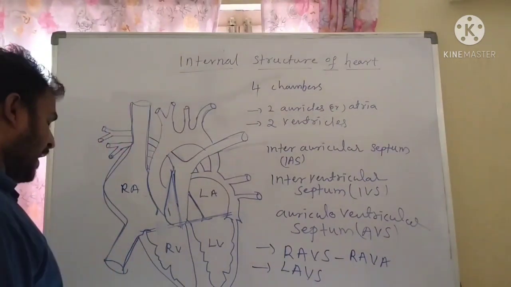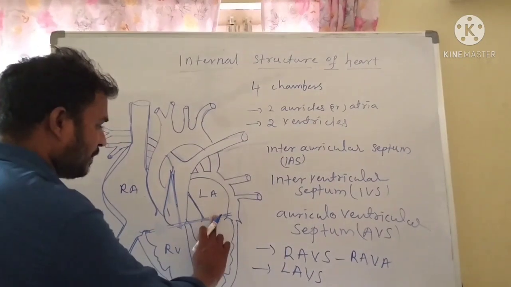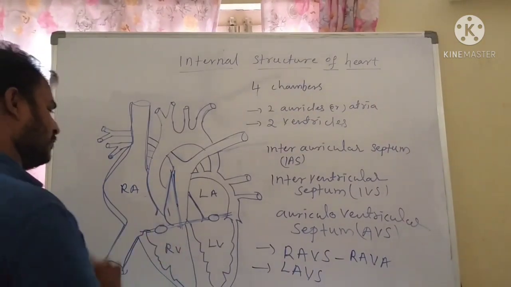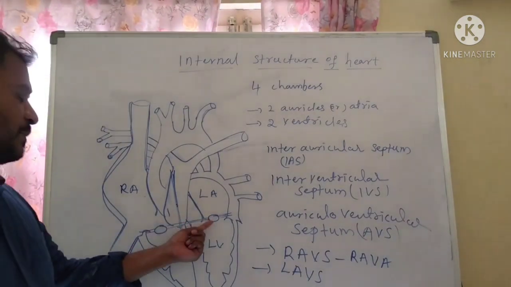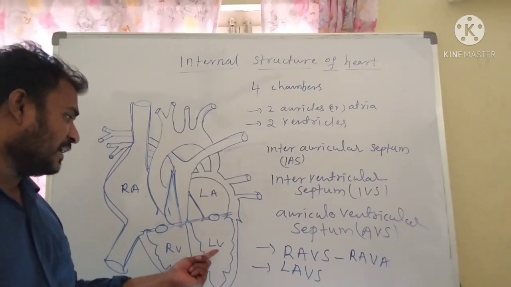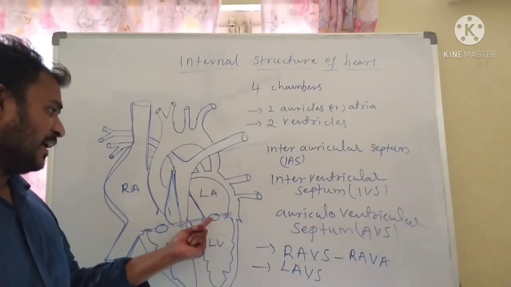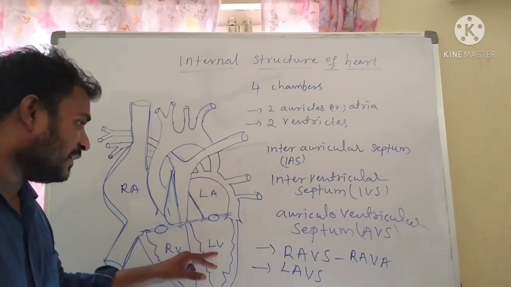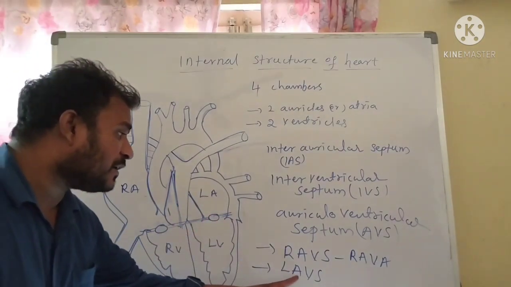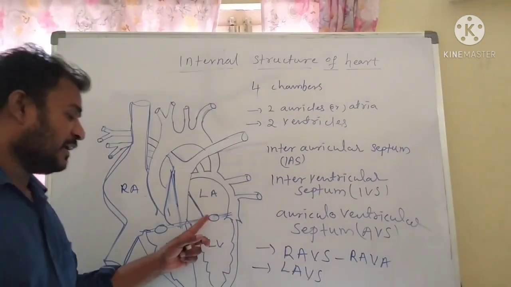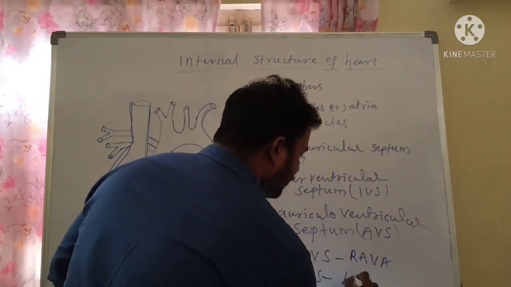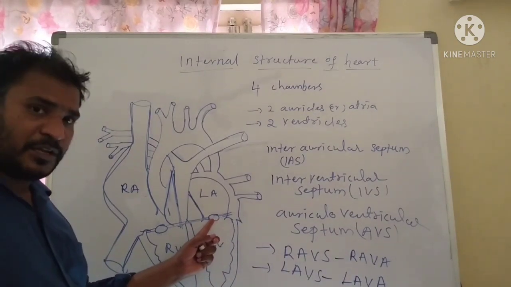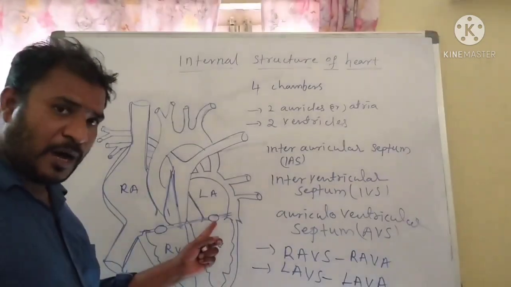Another opening is present between the left auricle and left ventricle, on the left auriculoventricular septum. That is called the left auriculoventricular aperture.